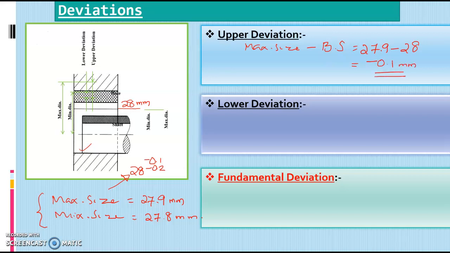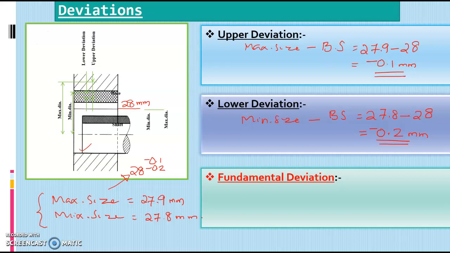This is our upper deviation. Similarly, the lower deviation is the minimum size of the shaft minus its basic size. The minimum size is 27.8 minus 28, the basic size, so the value is minus 0.2 mm. That is our lower deviation.